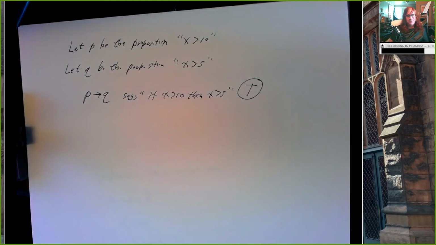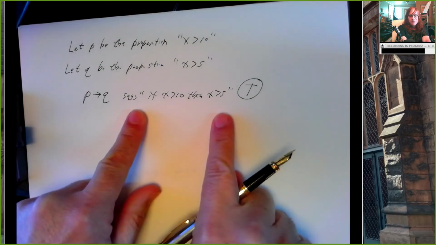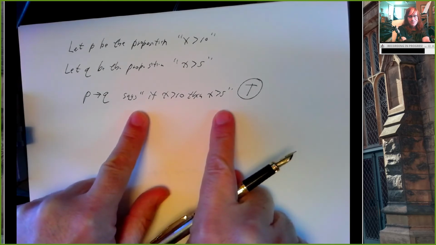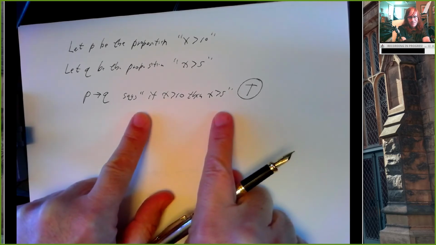Now, if I say, you know, hey, my number x is negative 17, is this proposition suddenly false? Or is this statement always true? If x is bigger than 10, then x is bigger than 5. And I think we can agree this is always true.